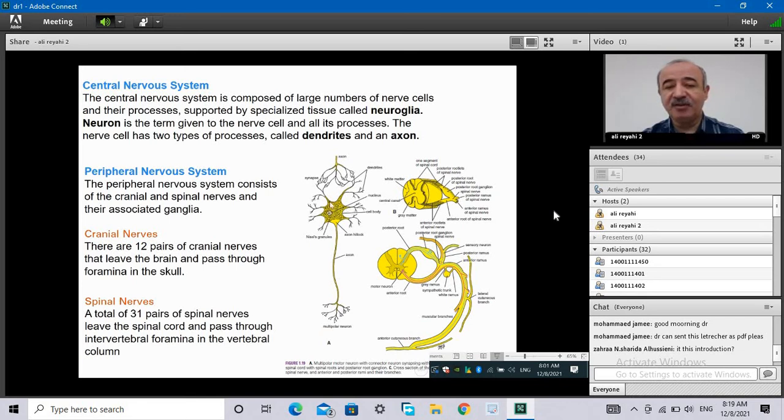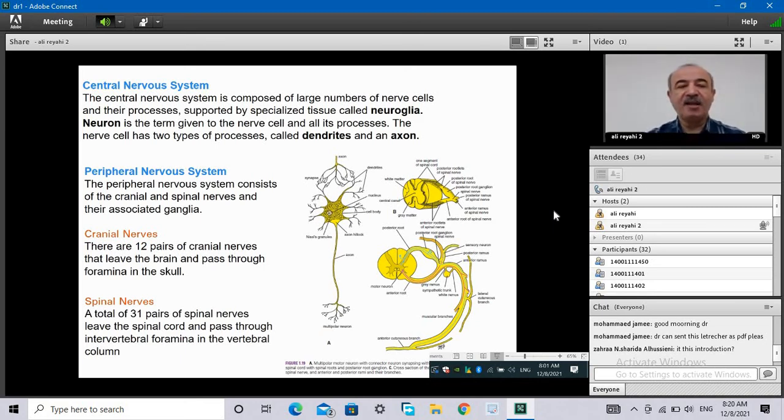The short processes are usually called dendrites, and the neuron has only one long process. It's called the axon. Short process, dendrite; one long process, axon. And the body of the neuron is called the perikaryon.